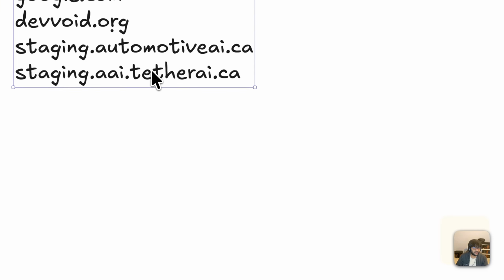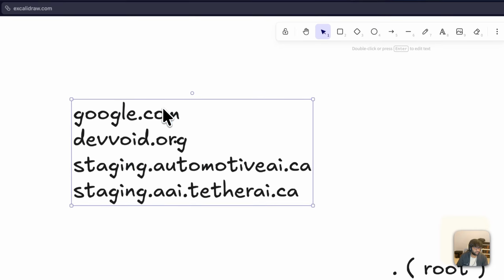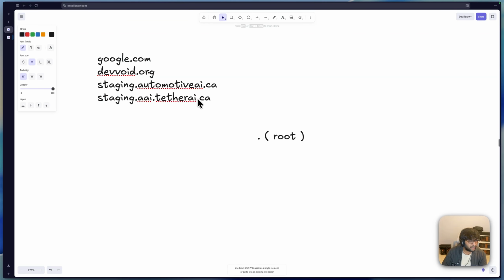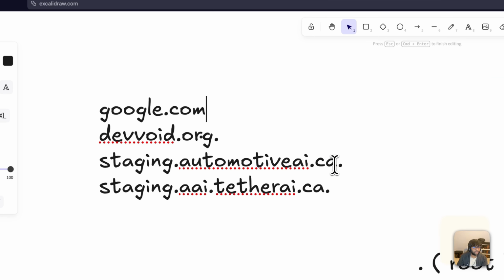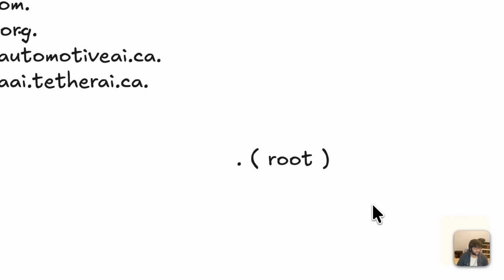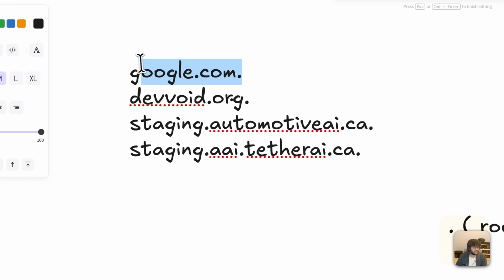That is the DNS. The first level is called the root. It's just a dot. Natively, every one of these domains gets placed with a dot at the end. You don't have to type that in the browser, but that's what's happening. The dot at the end is the root level, and you read it from right to left. So let's take google.com and break it down.